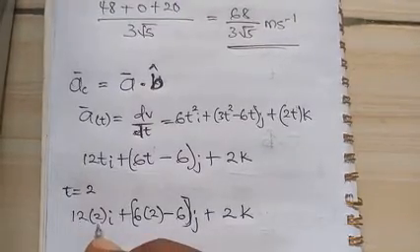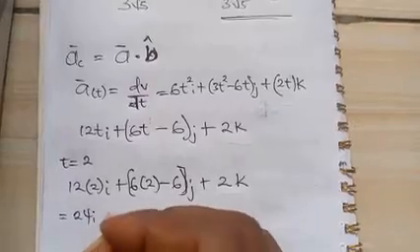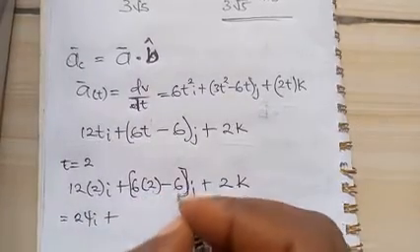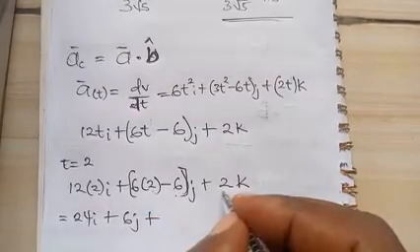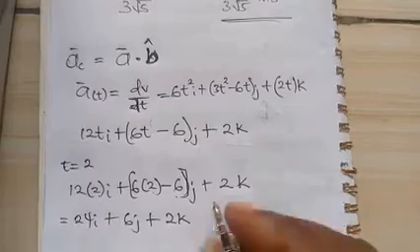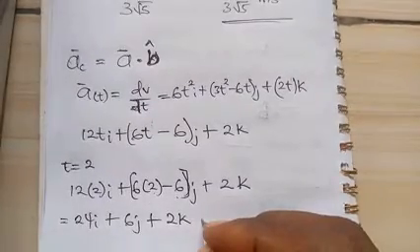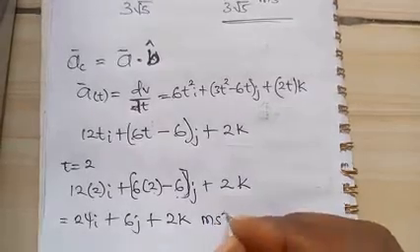Now, this times this will give us 24i, plus 12 minus 6 is going to give us 6j, plus 2k. So this is where we stop. This is the acceleration, and it is in meters per second squared.